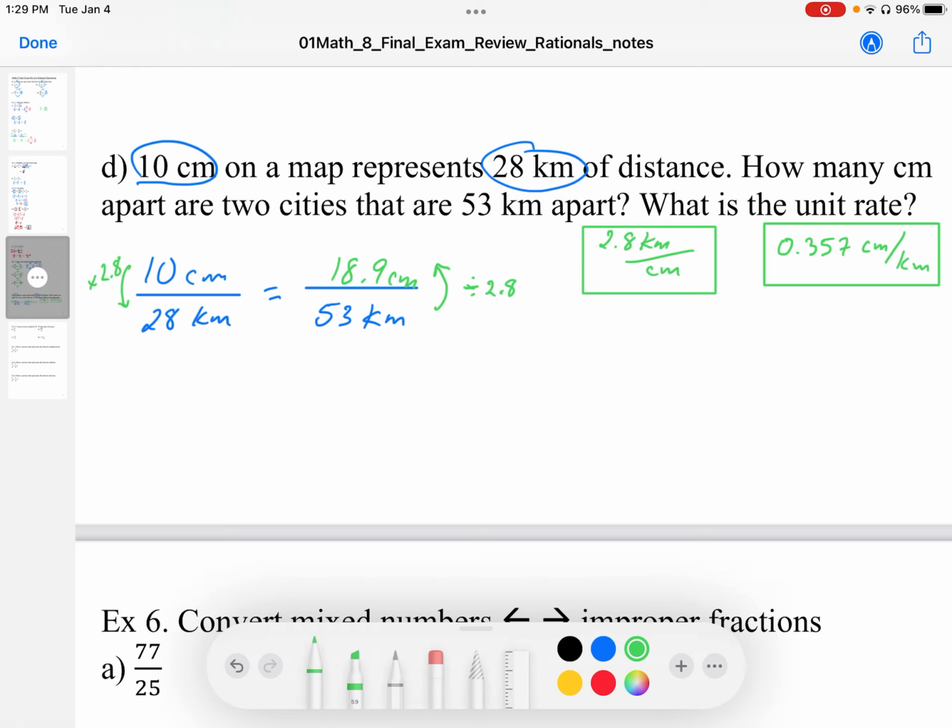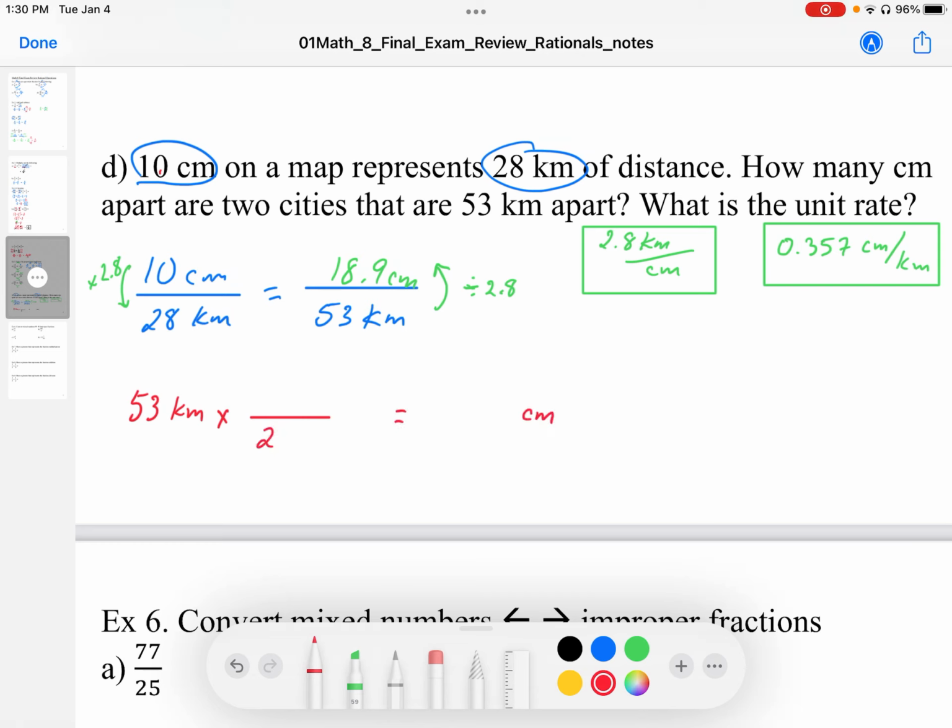A last method I'm going to show is a different strategy, and I'm going to do this in a different color. We can use a multiplying strategy where we start with 53 kilometers, and I can multiply by the ratio 10 centimeters to 28 kilometers. Now I need my answer to be in centimeters, so I need the kilometers to cancel out.